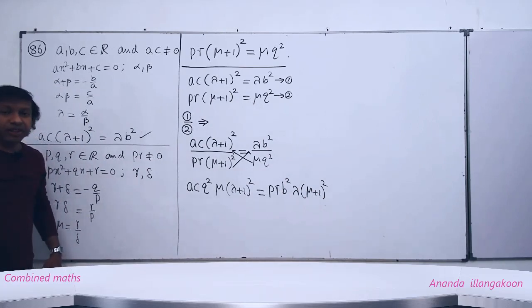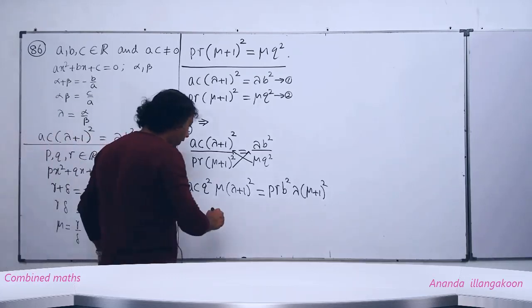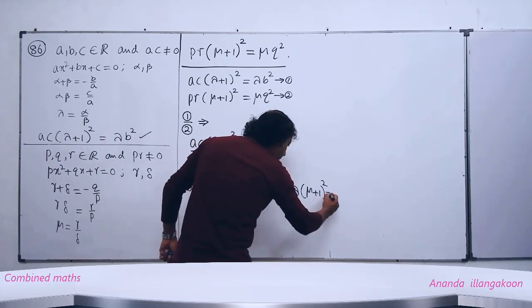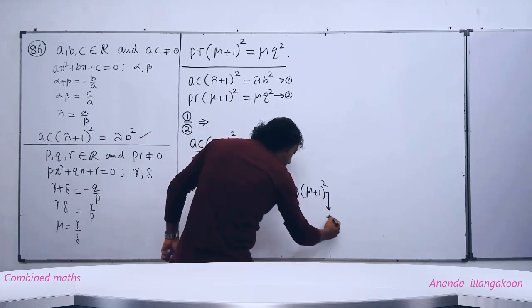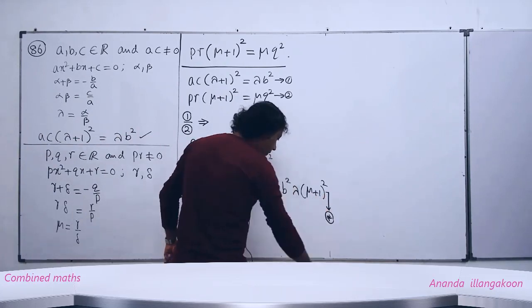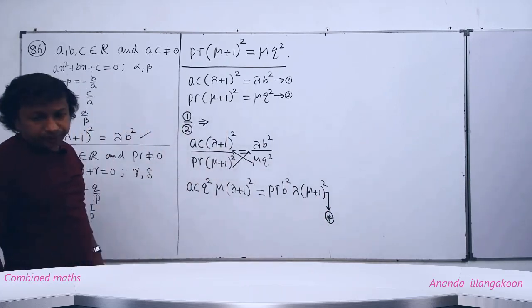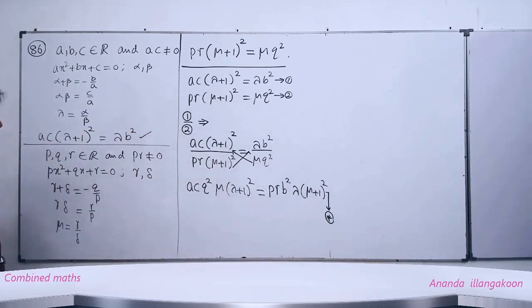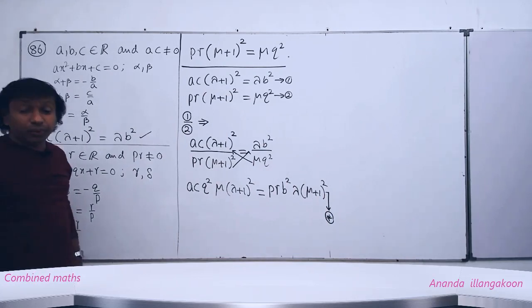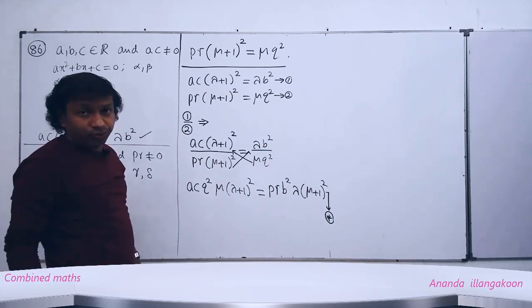This result we need to proceed to the next part of the question, right? Okay. Now this result we have. I'll take this as star, people, right? Now we go for this if and only if proof.